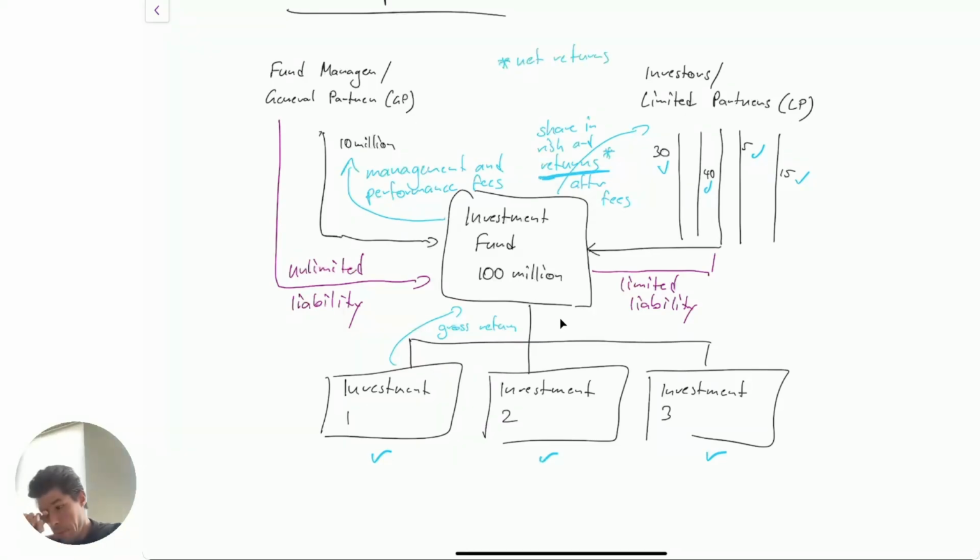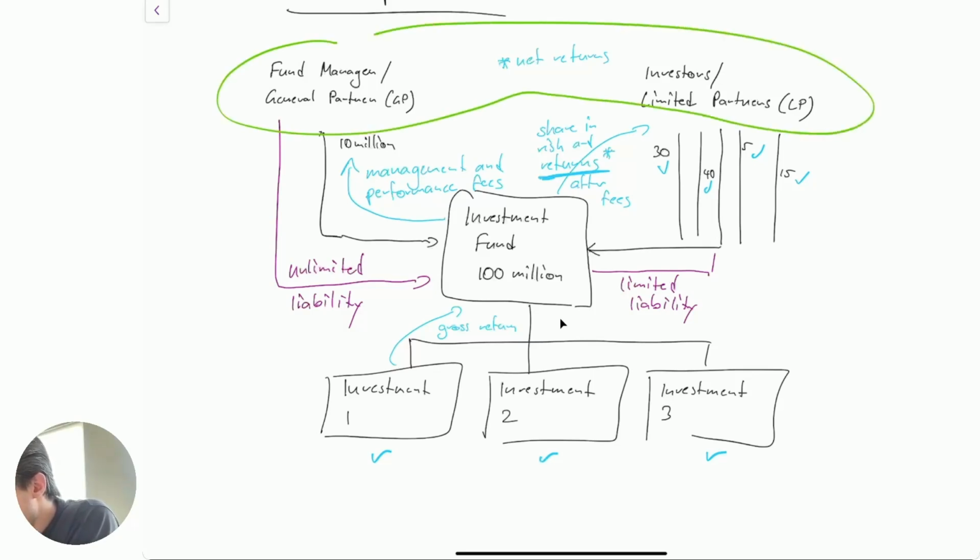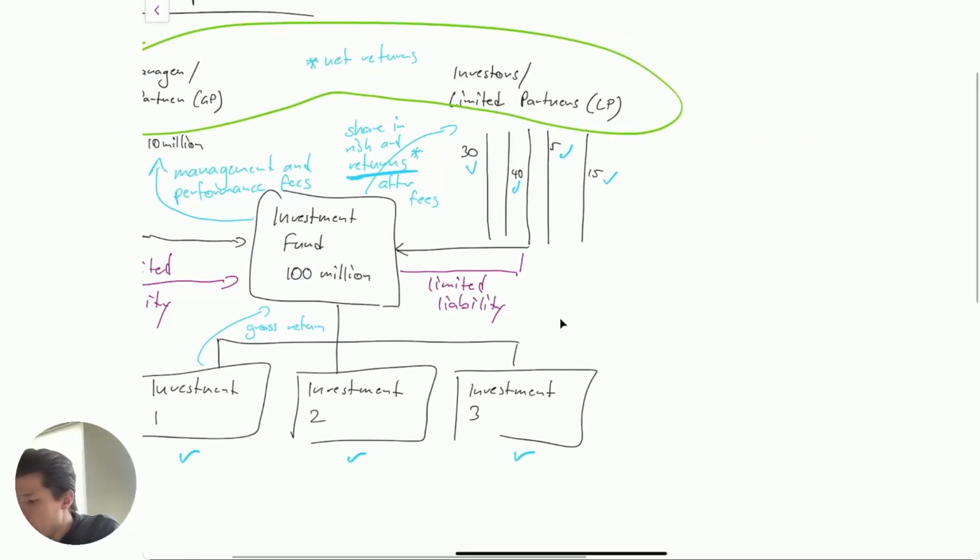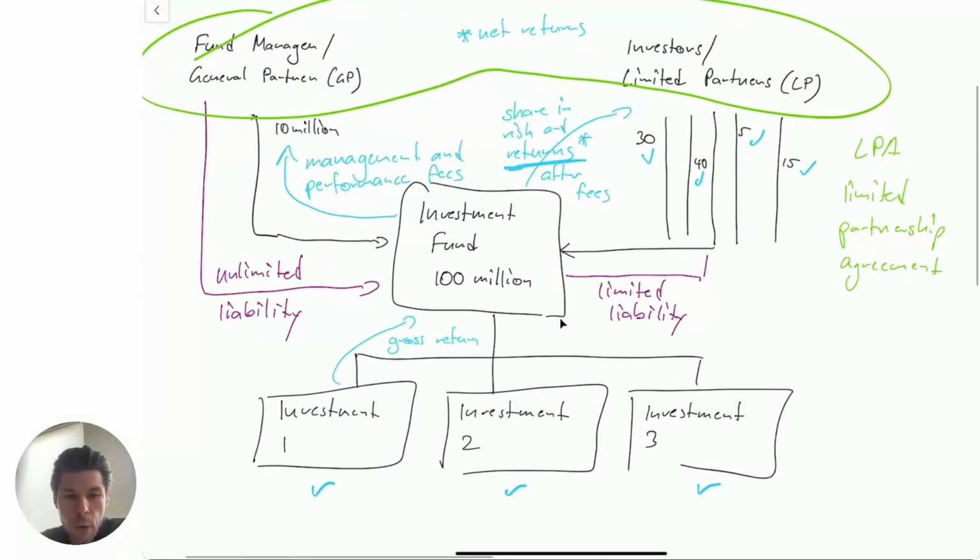Yeah, and everything together, how this is organized, especially the relationship between the general partners and the limited partners, it's organized under a so-called LPA, which is a limited partnership agreement. Yeah, so this is usually how it works.